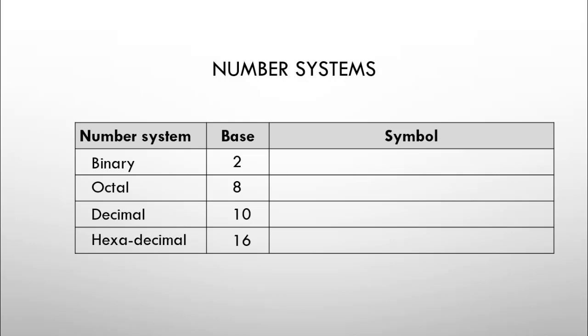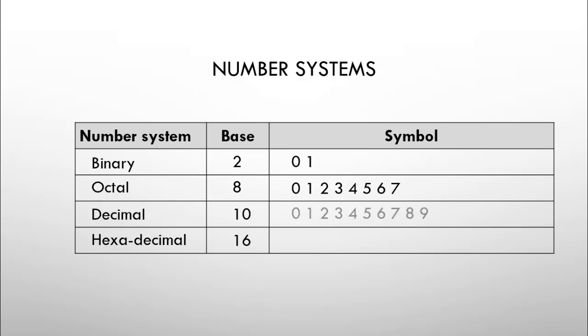Now the next column is the symbol column. The number of symbols that you can use in each of these number systems depends on the base value. Let's say for binary we have only 2, so I have only 2 symbols in binary. I can use either 0 or 1, not anything else. In octal, I have 8 as the base value, so I should have 8 symbols which will go from 0 to 7.